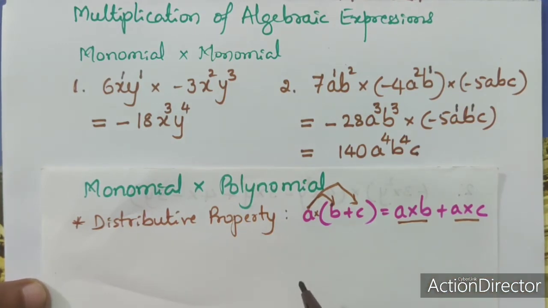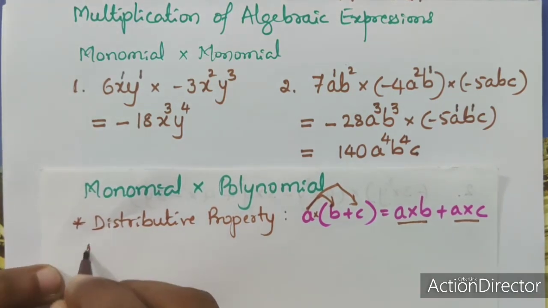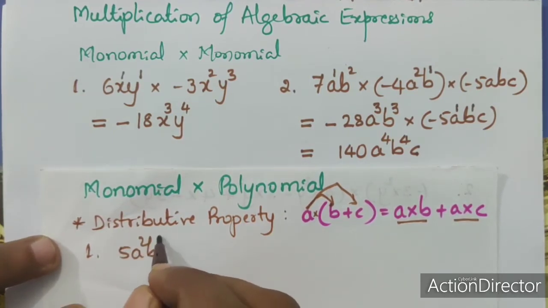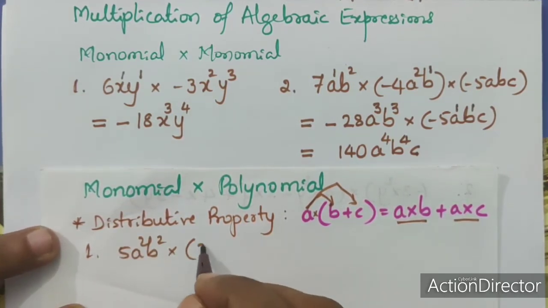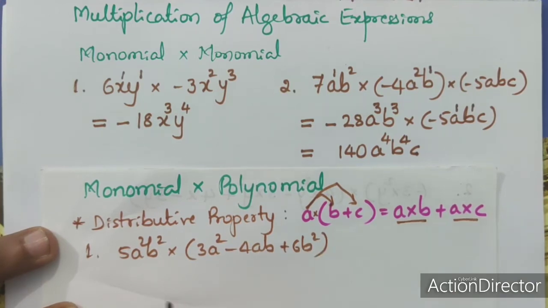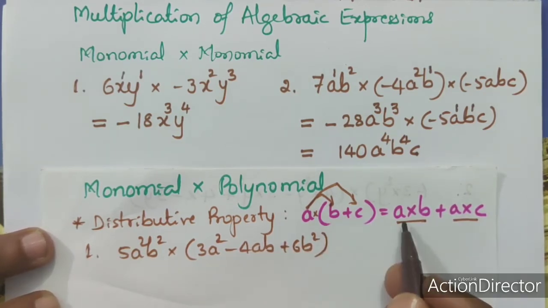Based on this, we will solve one more question, for example, 5a square b square into 3a square minus 4ab plus 6b square. I have taken monomial into trinomial. In the bracket there may be 3, 4, 5, any number of terms; we can use the distributive property and solve it.